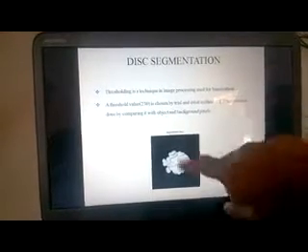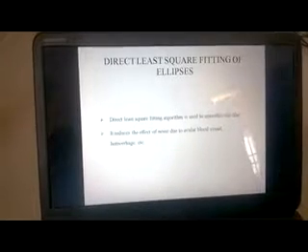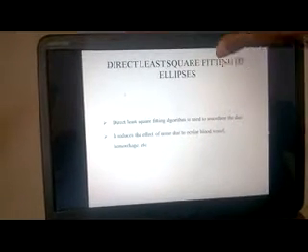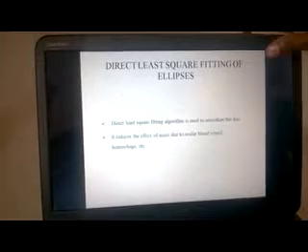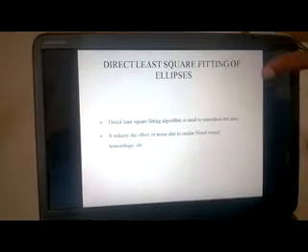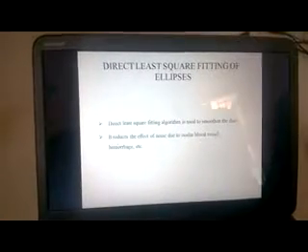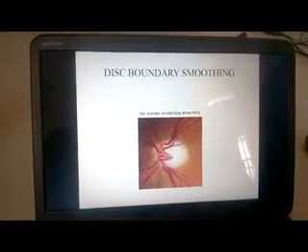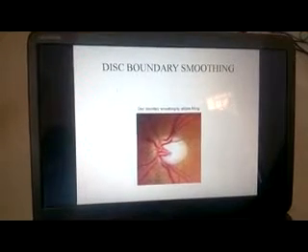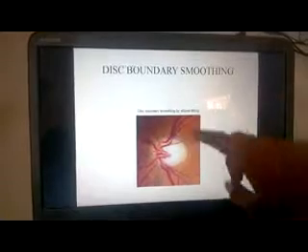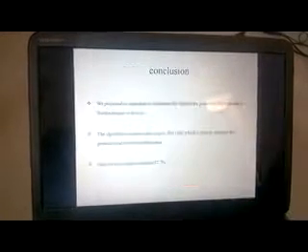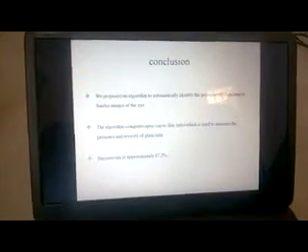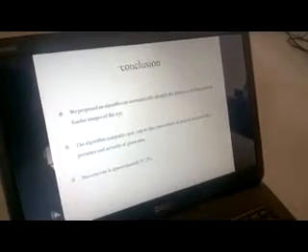This shows a segmented disc. Here we use the direct least square fitting algorithm. This will be explained in our program. Disc boundary smoothing. These will all be explained in the program afterwards. Conclusion. Okay, then we'll see the program.